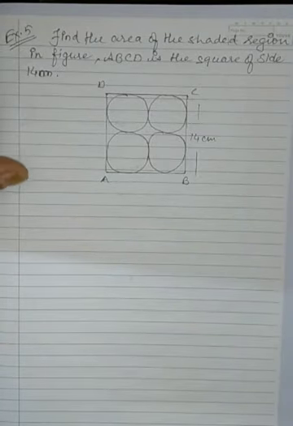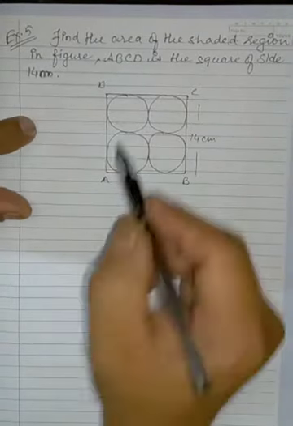So we have to find the area of the shaded region which is between the square and the 4 circles. That means these areas we have to find out, which is given in blue color in your textbook. So this shaded area we have to find out.